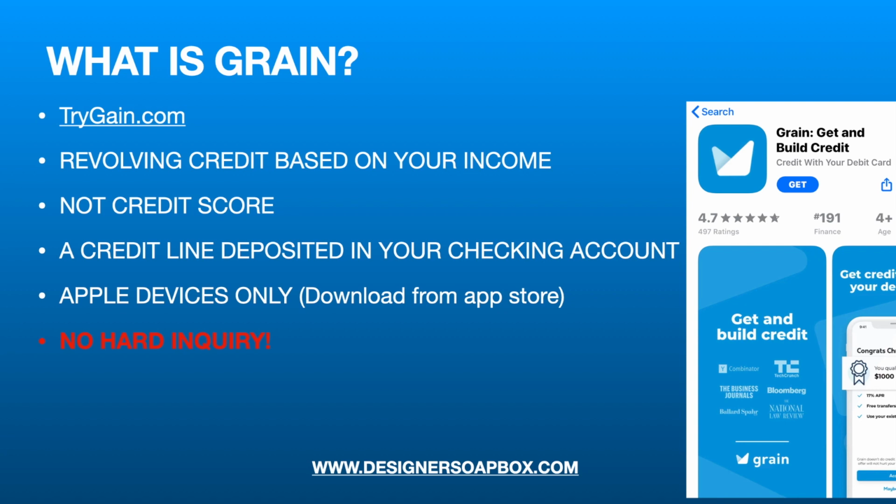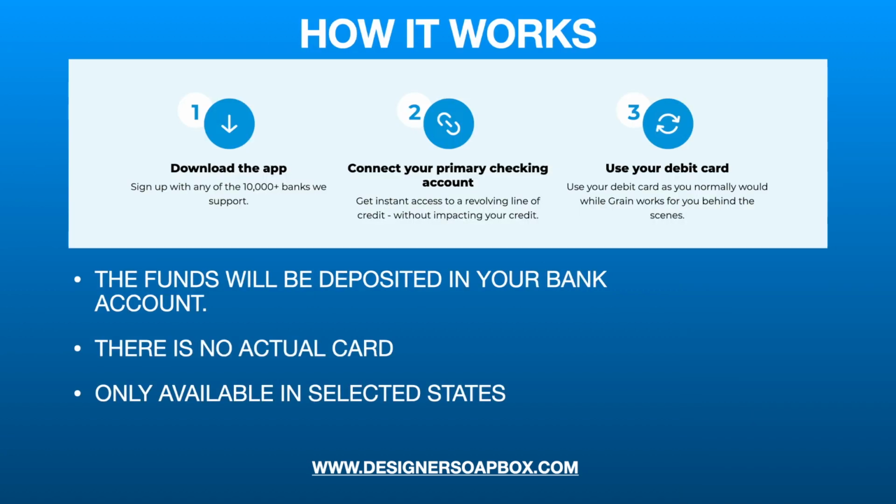Find a way. So how it works. First you'll download the app, which I mentioned. Then you'll connect your primary checking account, which is usually the account that you use, and it also has a debit card and stuff like that. Then you'll get access to a revolving line of credit without it impacting your credit score, because remember I said earlier that it does not do a credit check, it is just based off your income. Think of it as a virtual line of credit.